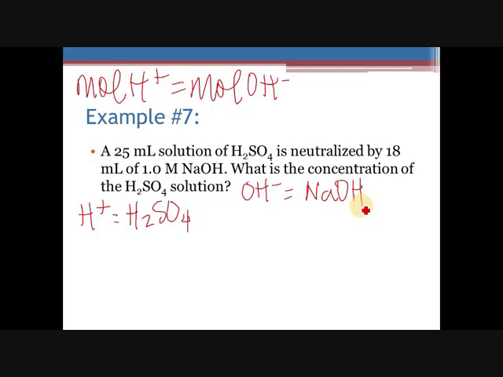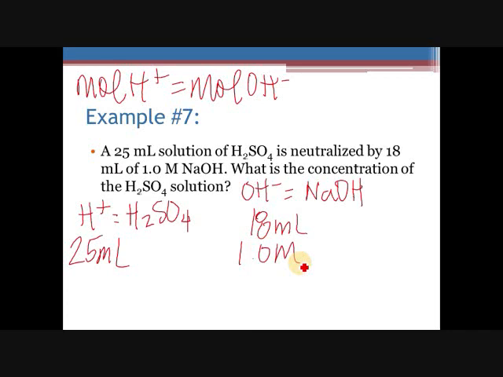Remember, I have to write a little bigger here for these examples, so make sure that you're leaving yourself plenty of room to do the math. But let's figure out what we have for each so that we know what we have to solve for. We have 25 milliliters of the H2SO4, and 18 milliliters of the NaOH, and it's a 1.0 molar solution of the NaOH.